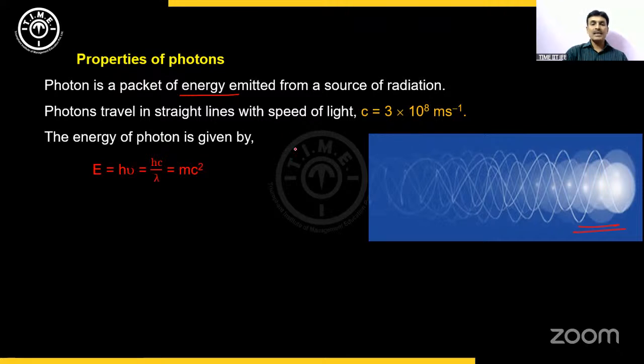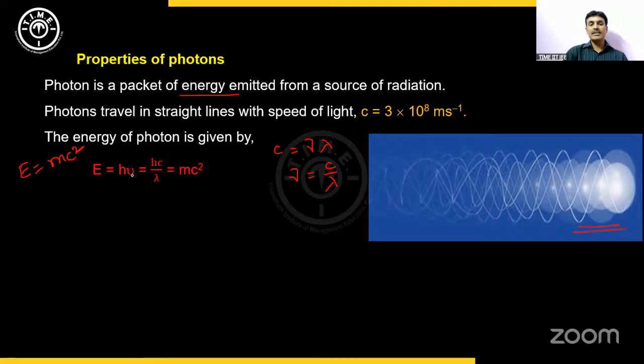And we have the relation C is equal to nu into lambda. So we can write nu as C by lambda. That's how h nu would become hc by lambda. And also from Einstein's mass energy equivalence, we have E is equal to mc square.